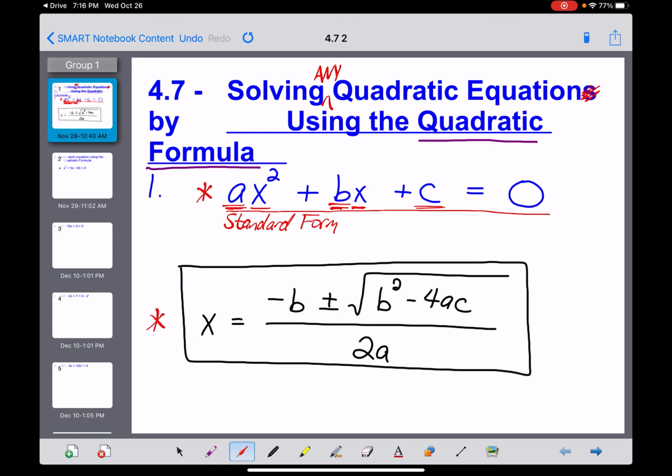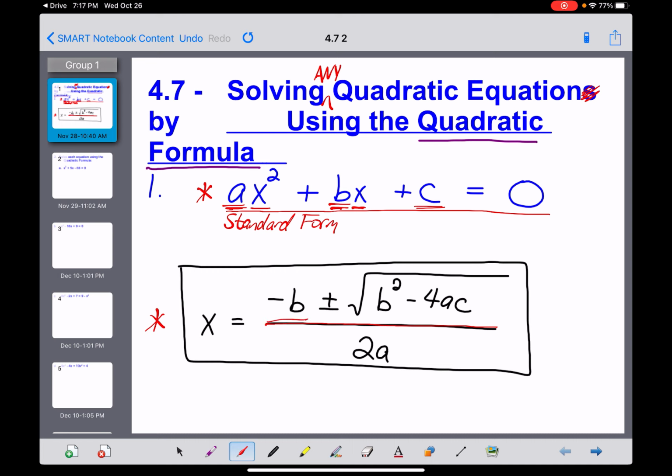So here we go, guys. This is what you want to make sure that you have written down exactly right in your notes with a big box around it, and we're going to have to study this and recite it and have it memorized. Here we go. x is equal to, go ahead now and draw a big fraction bar going across. In your numerator, you have the opposite of b. Let's not say negative b.